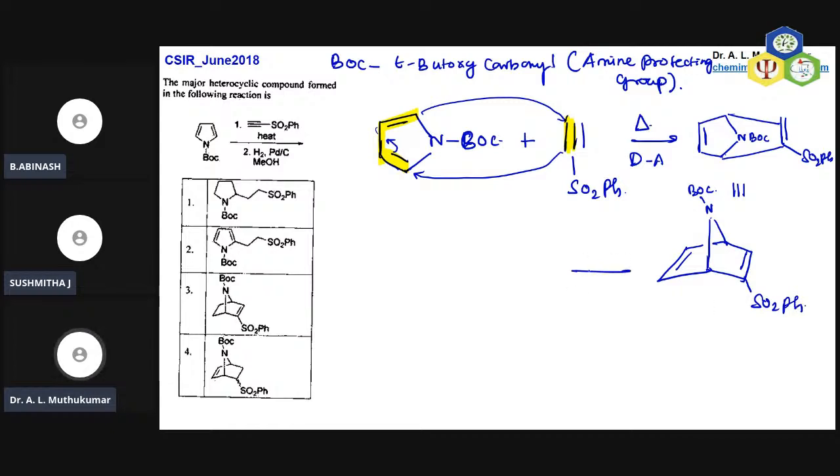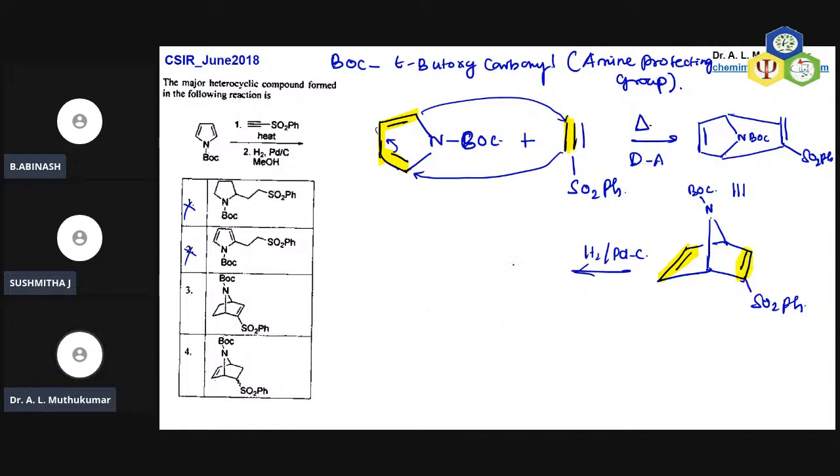Now this compound is treated with this. You can find out options 1 and 2 are ruled out. Option 3 or 4 can be the answer. So this compound is treated with hydrogen in the presence of palladium on carbon, and it will lead to the formation of a reduced product. Now you have two kinds of double bond where the reaction can take place. That is the question. You can see here, this is a less substituted, less hindered double bond, and this double bond is a more hindered double bond.